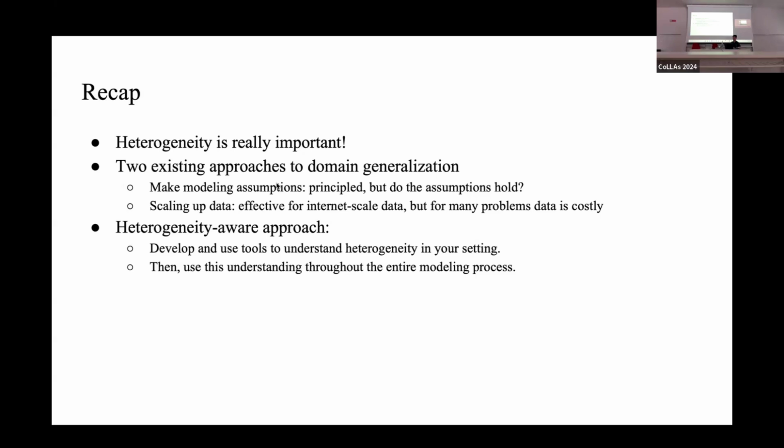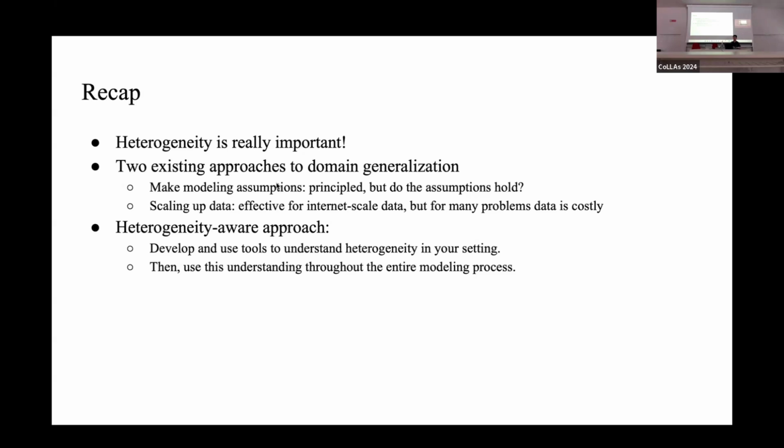And the second line is to scale up data. They are effective for internet scale data, but for many important areas, the data are costly and we cannot have so much data.